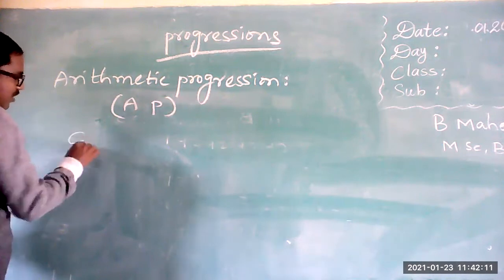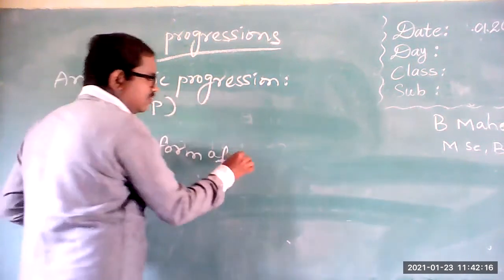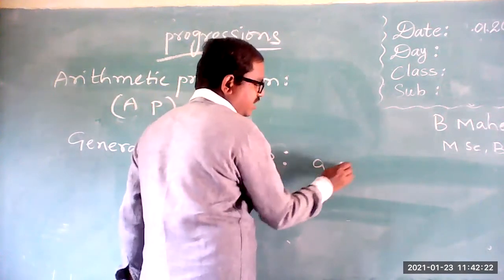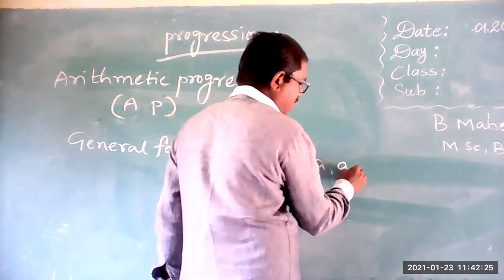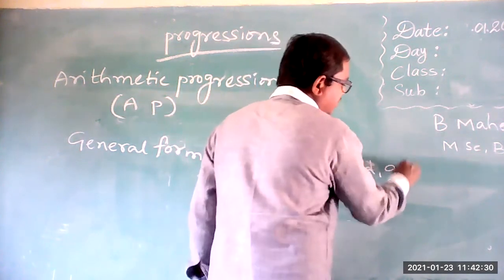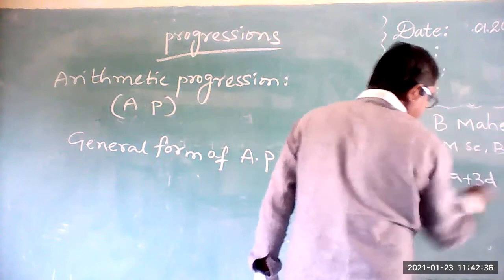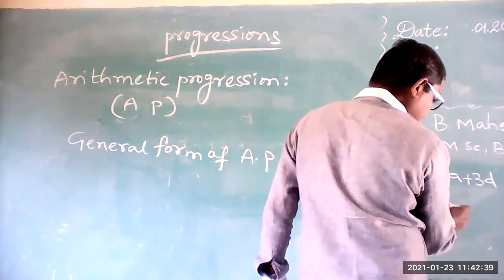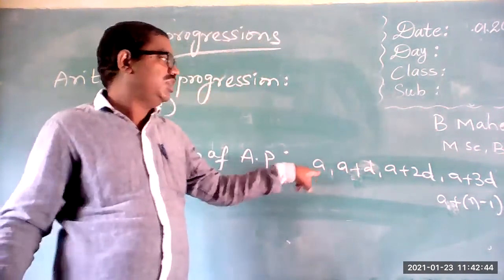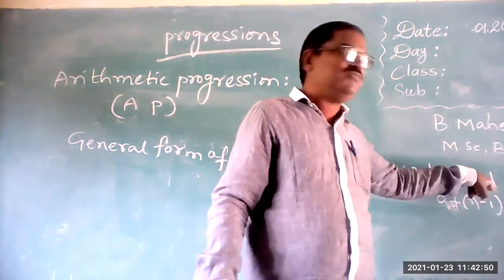So the general form of arithmetic progression: A, A plus D, A plus 2D, A plus 3D, and so on, up to An, which is A plus (N minus 1) into D. Here A is called the first term, A plus D is the second term, A plus 2D is the third term, A plus 3D is the fourth term, like this.